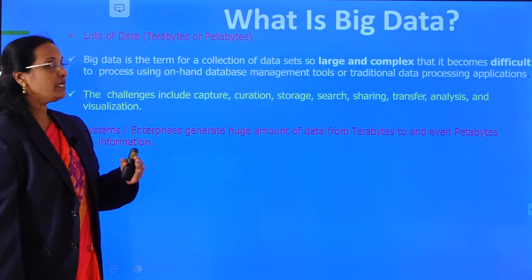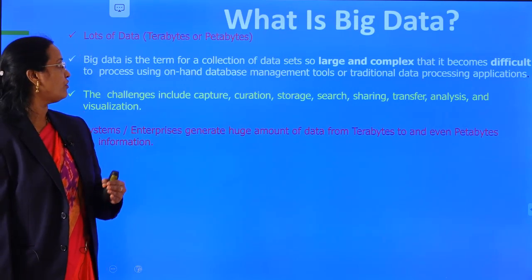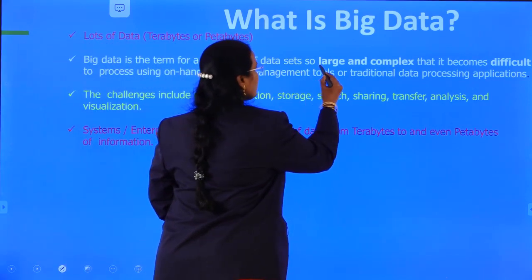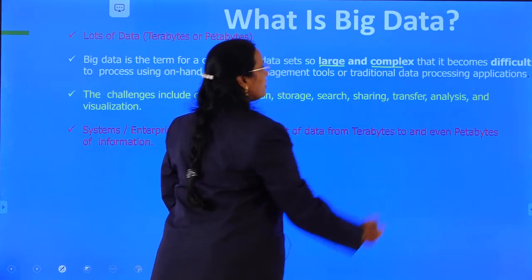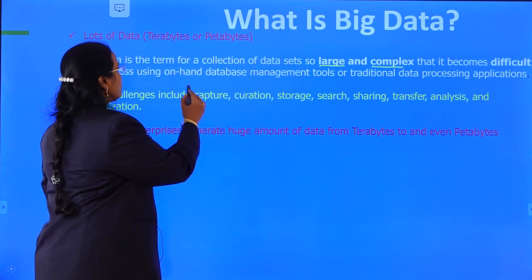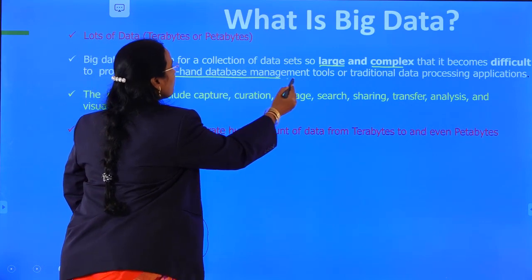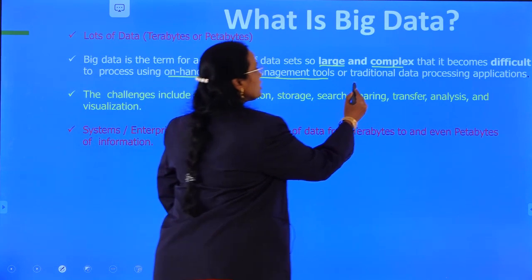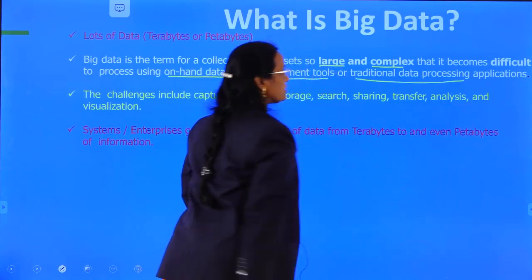Generally, big data is a term for collection of data sets so large as well as complex that it becomes difficult to process using on-hand database management tools as well as traditional data processing applications.